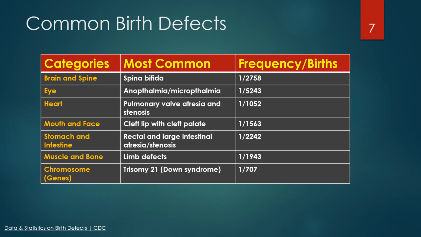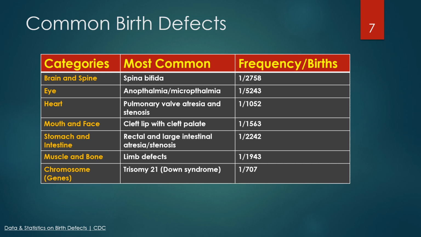As reported by the CDC, the most common birth defect categories are brain and spine, eye, heart, mouth and face, stomach and intestine, muscle and bone, and chromosome or genes. This table lists the most common defect in each category and the frequency per births.